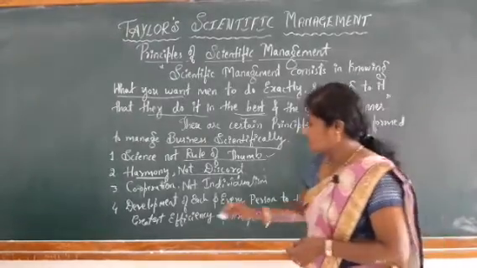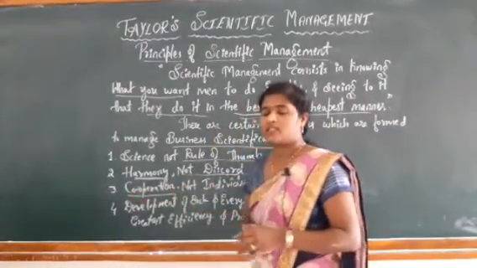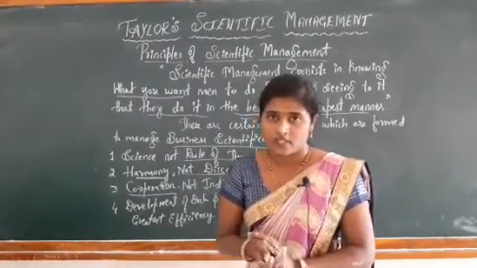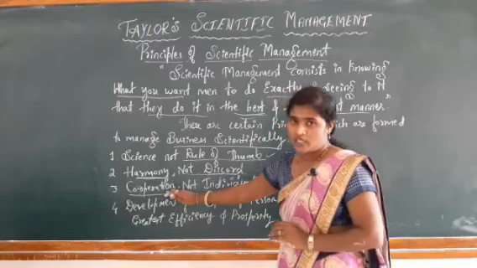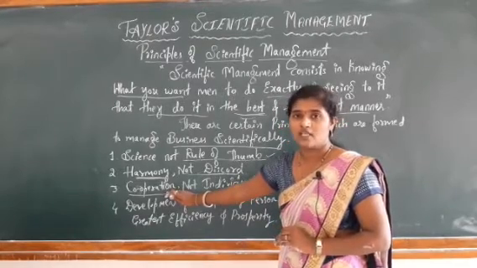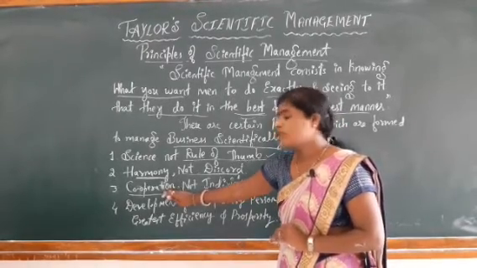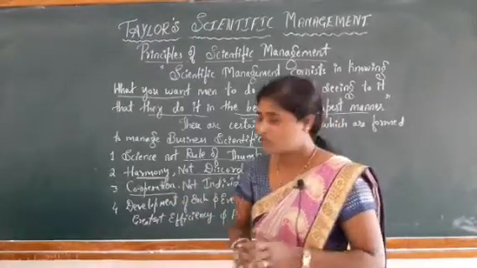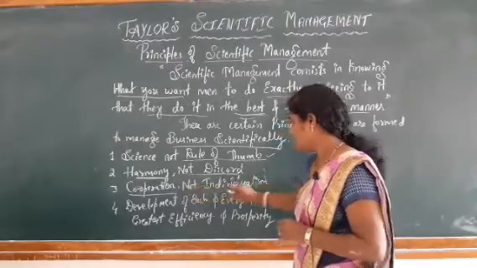Cooperation means whatever work is assigned by the managers, the workers or employees should cooperate with this. If there is good communication between the workers and managers, then only there will be good cooperation, and the work will be completed in a correct way. So there should be cooperation, not individualism.